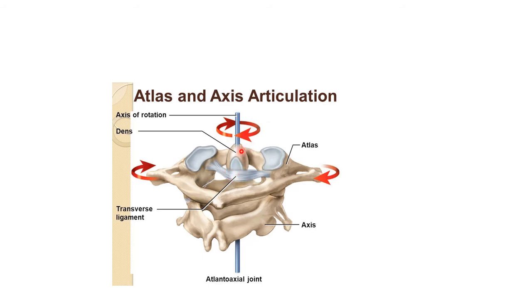Anteriorly, there is a facet on the anterior surface of the dens which articulates with a similar facet on the posterior surface of the anterior arch of the atlas. Posteriorly, the anterior surface of the transverse ligament of the atlas articulates with a facet on the posterior surface of the base of the dens. So this is the articulation at the median atlanto-axial joint.